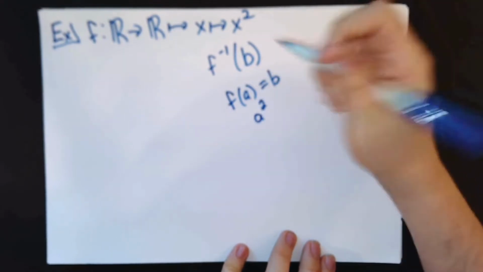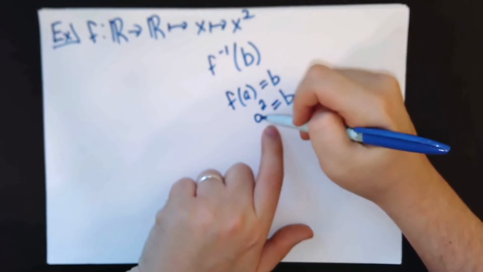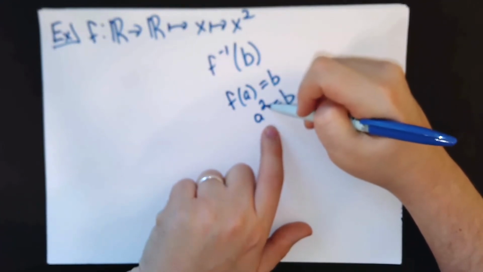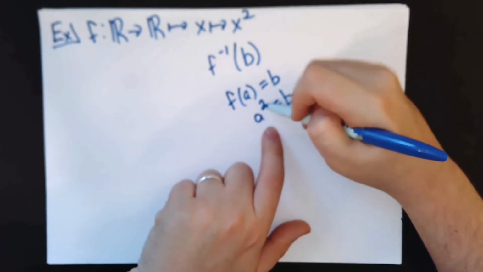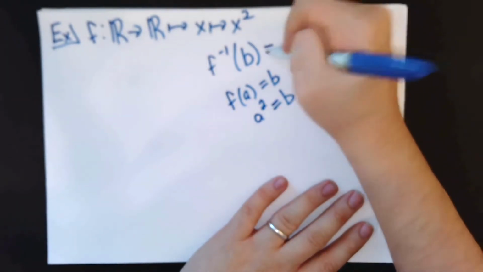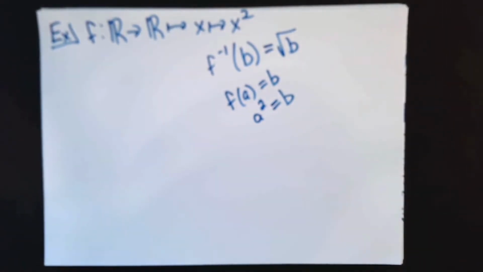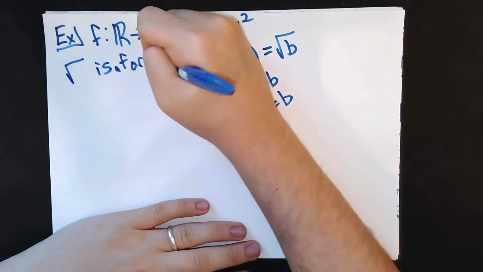So that's going to be the a so that a squared is equal to b. So really, f inverse is going to be wanting to answer the question, what do I have to square to get b? Which is to say this inverse is really the square root of b. So even square roots, which are something you've probably been thinking about for a long time, are really a form of inverse function.